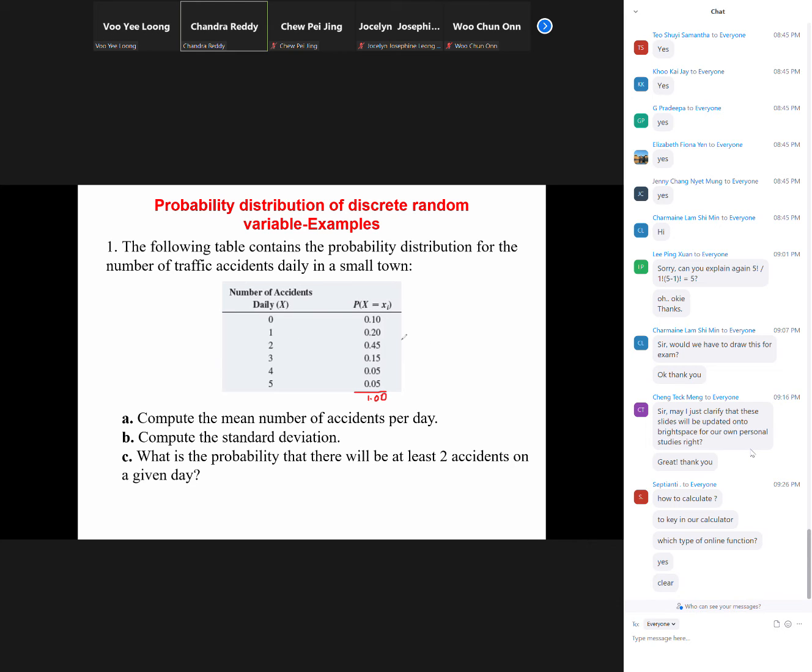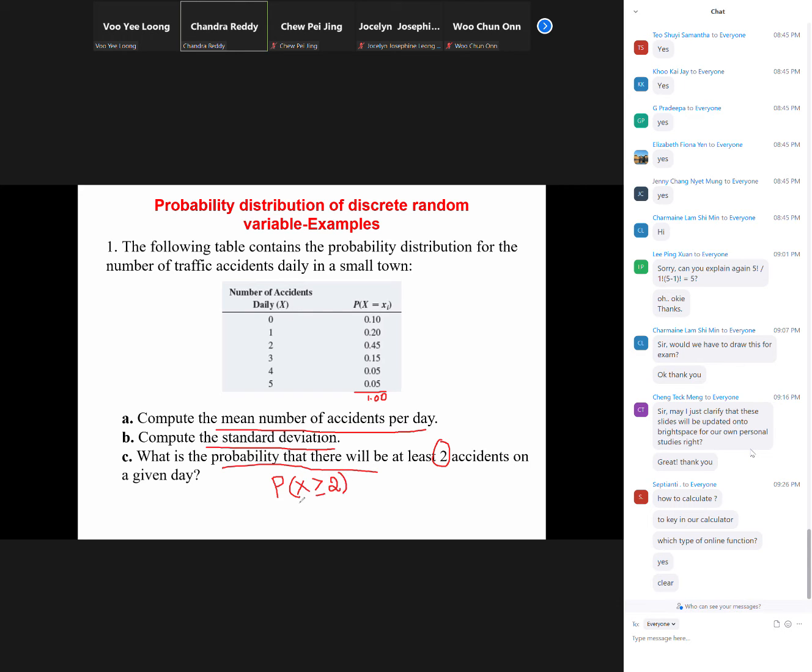So for this data, you're asked to compute the mean number of accidents per day and also compute the standard deviation. And the last question is, what is the probability that there will be at least 2 accidents in a given day? So the last part you can write as the probability of X greater than or equal to 2.